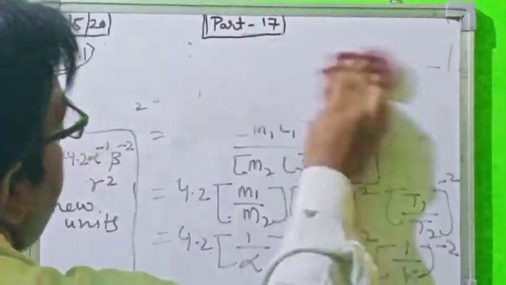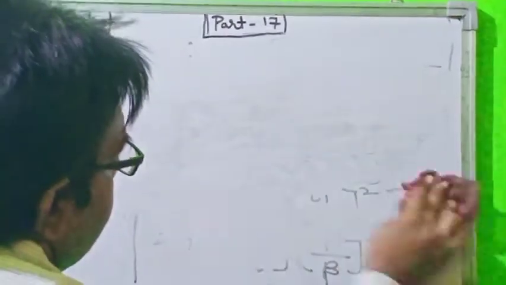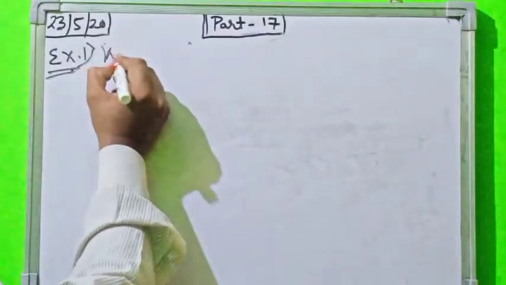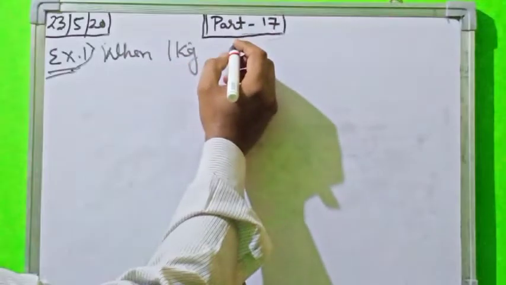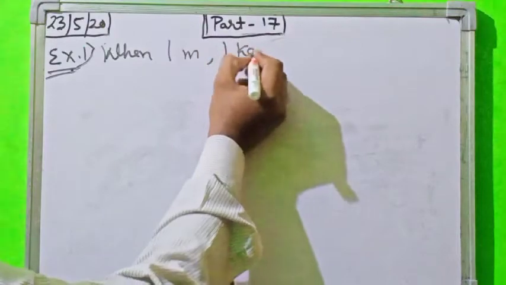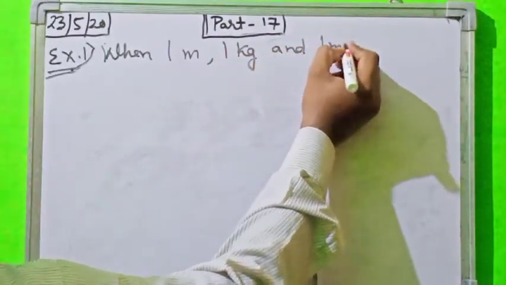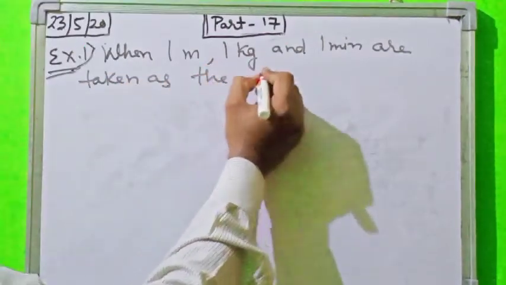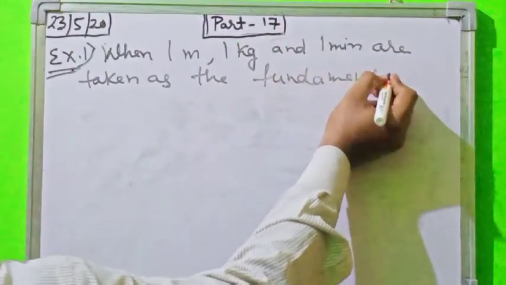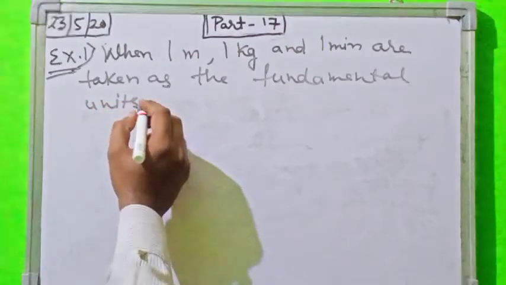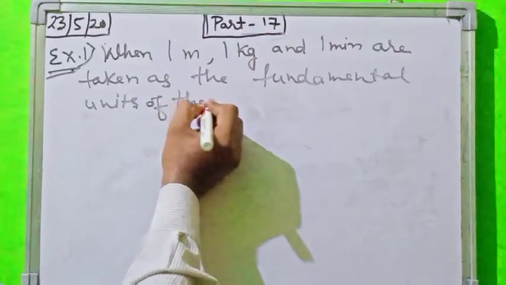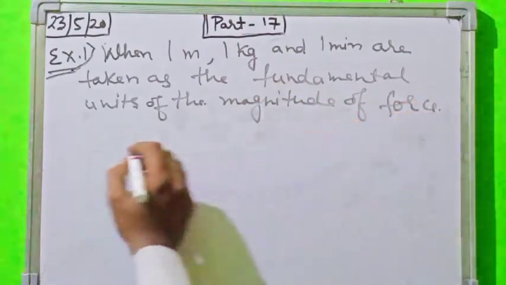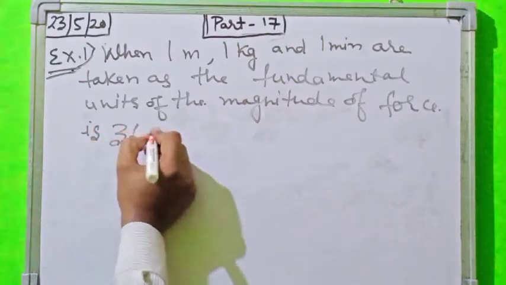Example 2. When 1 meter, 1 kg and 1 minute are taken as the fundamental units, the magnitude of force is 36 units.